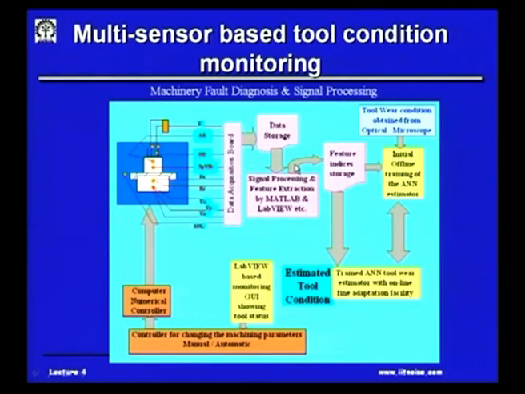analysis, we thought, why not instrument this machine with many more sensors than required, like voltage, acoustic emission, vibration, cutting force in X, Y, Z direction, and sound pressure level. Then we have a data acquisition system where we do signal processing and feature extraction with certain software, and also, in the offline stage, measure the tool wear condition by a microscope.